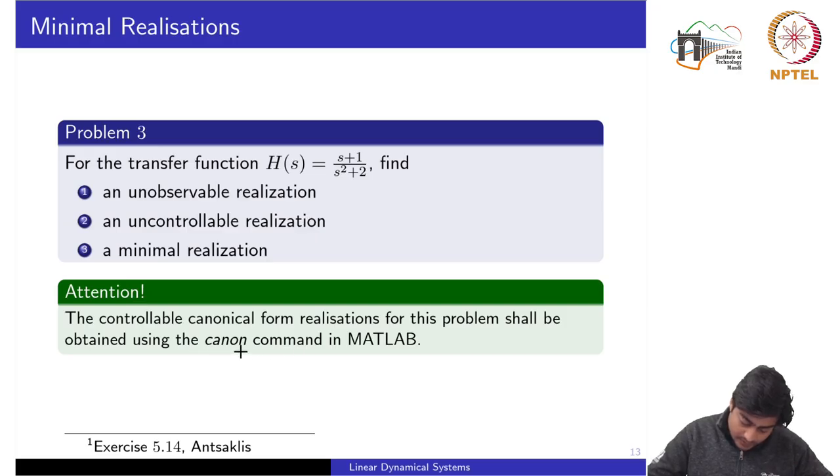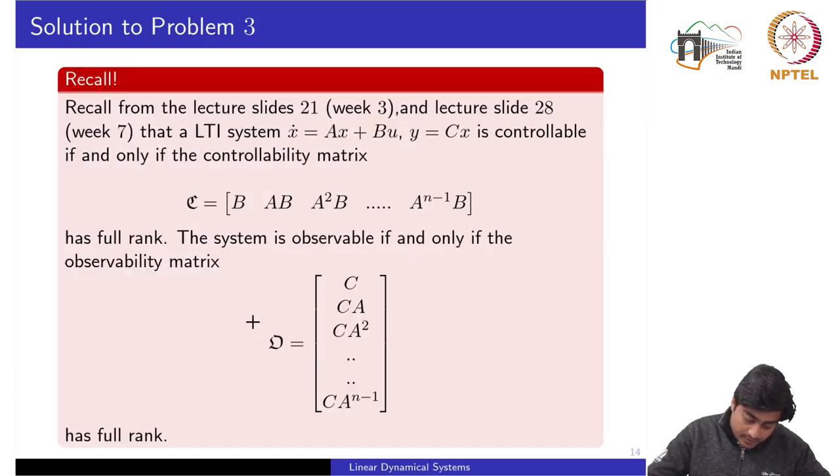So here we are going to use directly this MATLAB command to obtain the realization, which you can also compute by going through the procedure defined in the slides. So the full rank of the controllability matrix and the observability matrix ensures that the system is both controllable and observable.